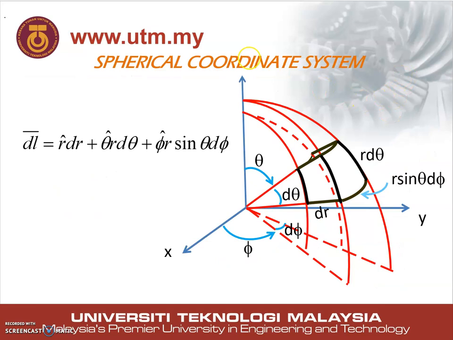For the spherical coordinate system, the differential displacement is a bit special, different from the Cartesian coordinate, which is quite straightforward. Here it is the same dl vector, but we are going to have different ways of expressing it. We differentiate first, which means we have unit direction in r, unit direction in theta, and unit direction in phi.